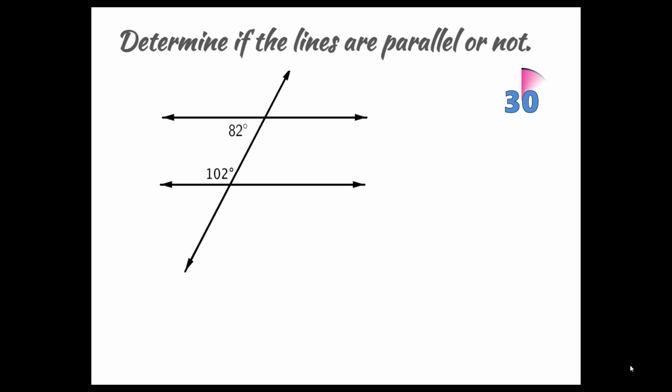We are given 82 and 102. Think about what angle relationship it could possibly be to be able to prove our lines parallel or not.